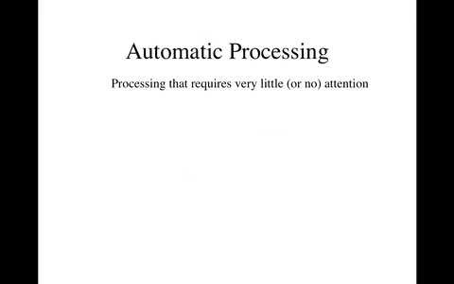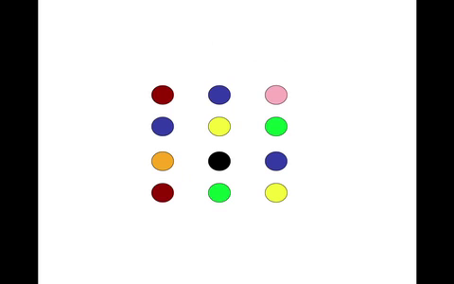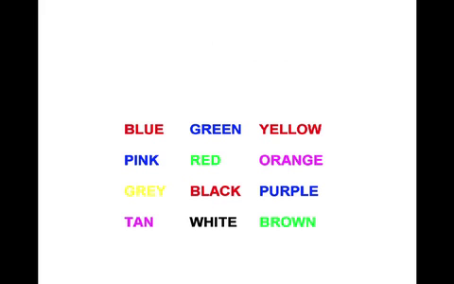Automatic processing is processing that requires very little or no attention, and when you're doing automatic processing, a lot of resources are left over for other tasks. We talked about the Stroop test. In this case, if you have to name the colors of the circles, you can do that fairly quickly, but if you have to name the colors of the ink here, there's often going to be this Stroop interference, and that's because reading of these letters, reading of the words, is automatic.